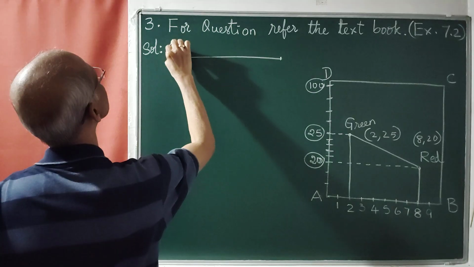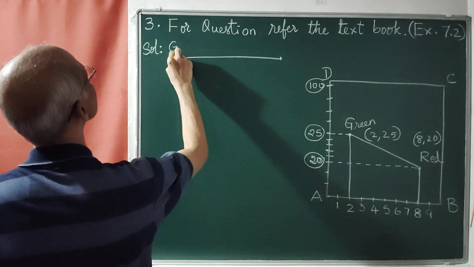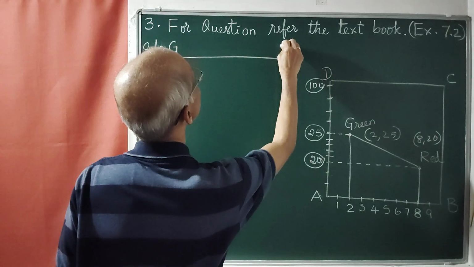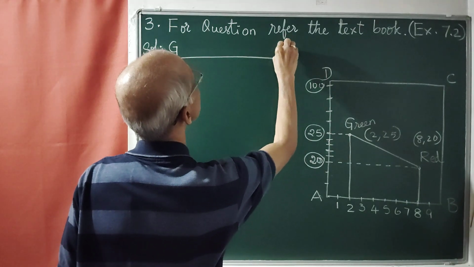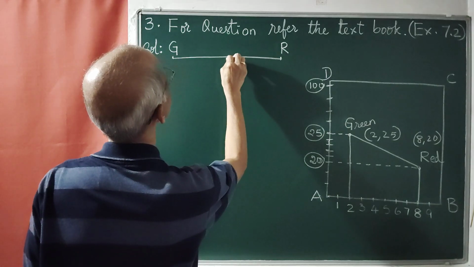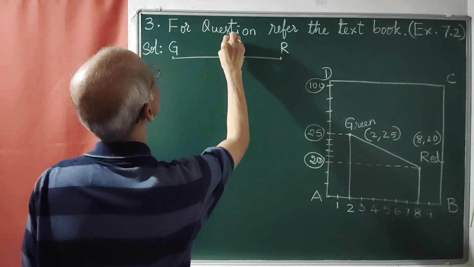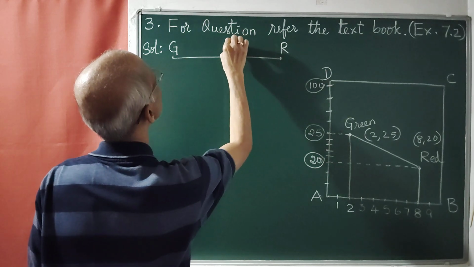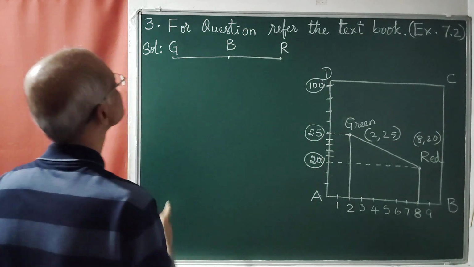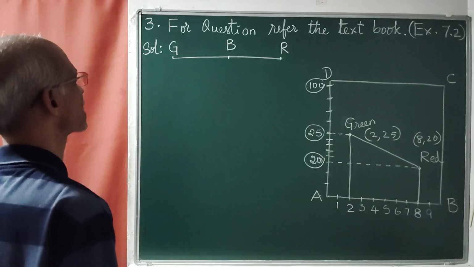Let G be the point where the first girl posts her flag. Let R be the point where the second girl posts her flag. And let the third girl, Rashmi, post her flag in the middle. She posts a blue flag, and let it be B. Green flag, red flag, and the blue flag.